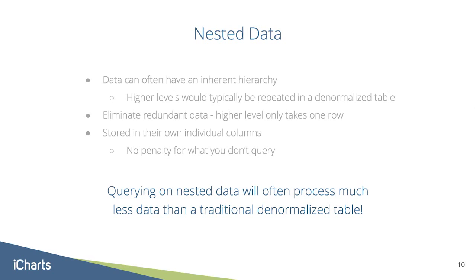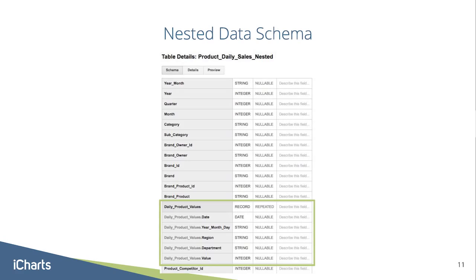Even if you have 5 nested columns and you query on one of them, you don't get processing for the rest of the columns within that nested hierarchy. It'll only process the ones that you're querying.